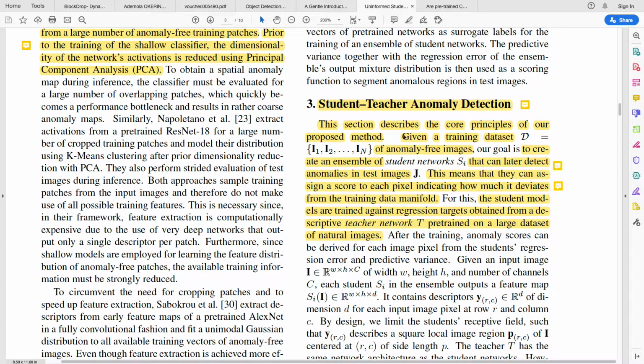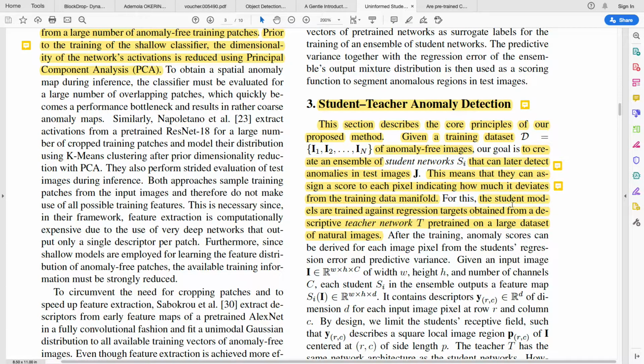But the high level is that given a training data set with each point I that are anomaly-free images, at least they don't have anomalies, our goal is to create an ensemble of student networks, SI, that can later detect anomalies in the test images, J. So this means that they can assign a score to each pixel, indicating how much it deviates from the training data manifold. Okay, so they have to look at each pixel in the image.